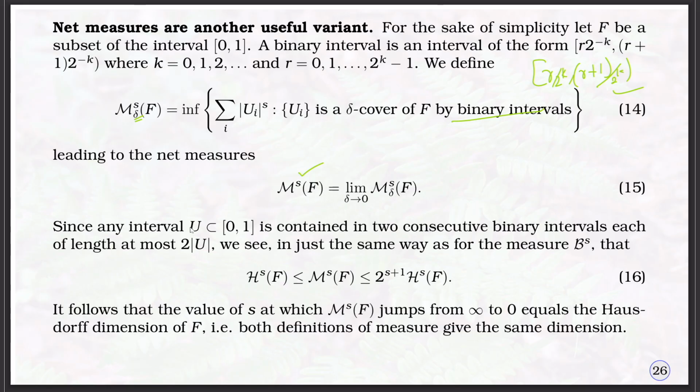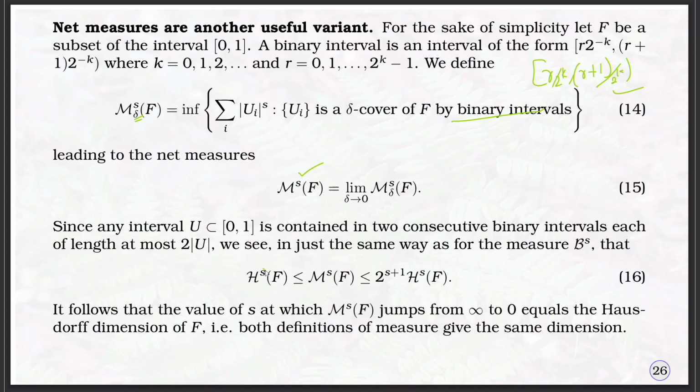Since any interval U subset of [0,1] is contained in 2 consecutive binary intervals, each of length at most 2 times the diameter of U, in just the same way as for the measure B^s, that means the spherical balls, H^s(F) is less than or equal to M^s(F), which is less than or equal to 2^(s+1) times H^s(F).